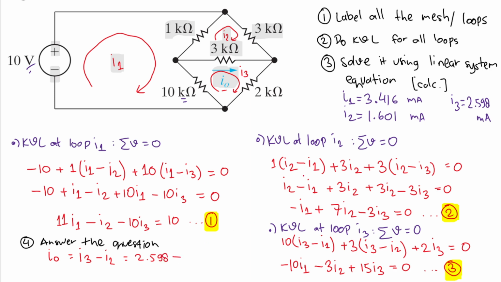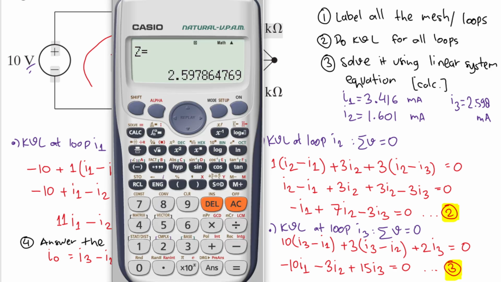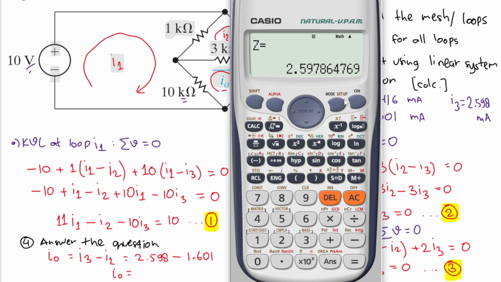And then minus I2, we will have 1.601. And so we will have the final value of I0. Okay, let's set this up. So we'll have 2.598 and then minus 1.601. Good.